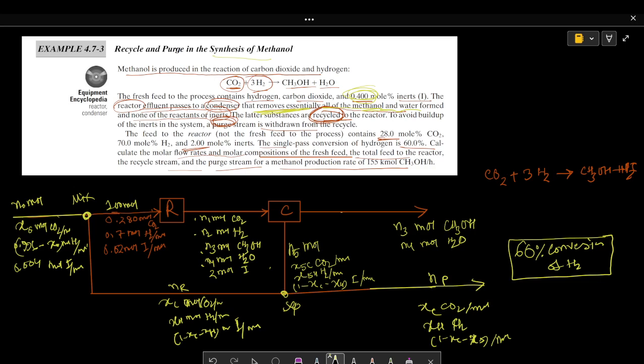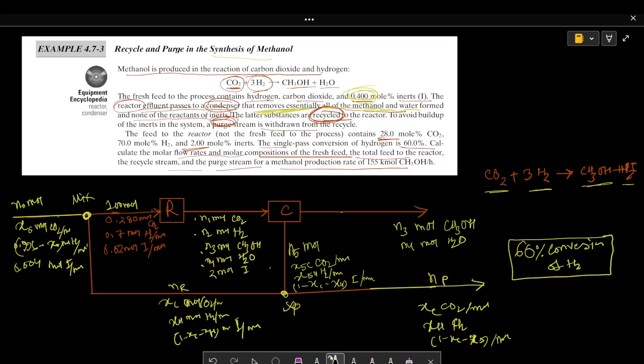We see that in the reactor the reaction is carbon dioxide plus hydrogen, which will form methanol and H2O. Because of the 60% single pass conversion, the reaction will not be completed. So there must be unreacted carbon dioxide and hydrogen in the product gas, which comes out from the reactor.